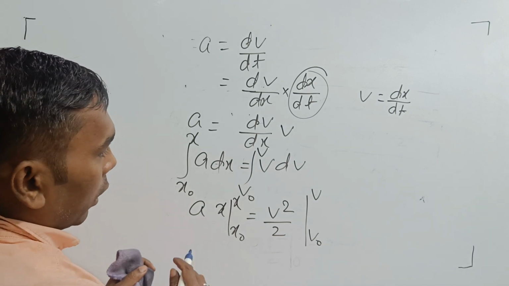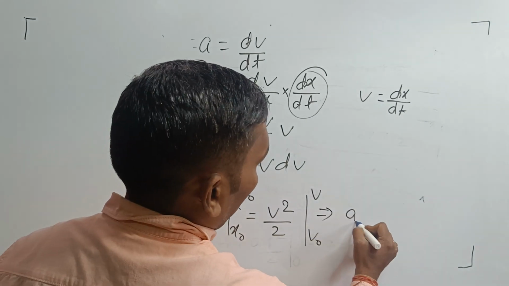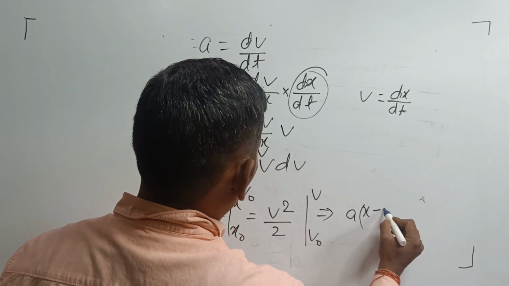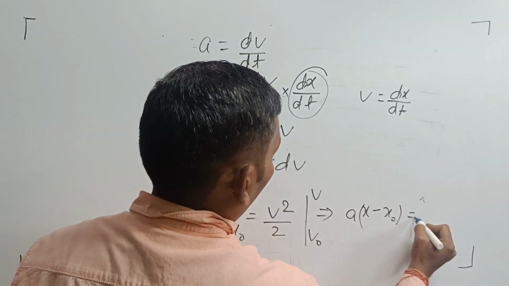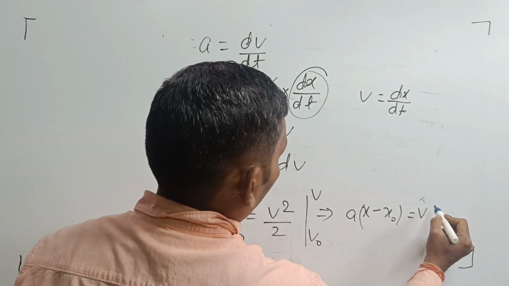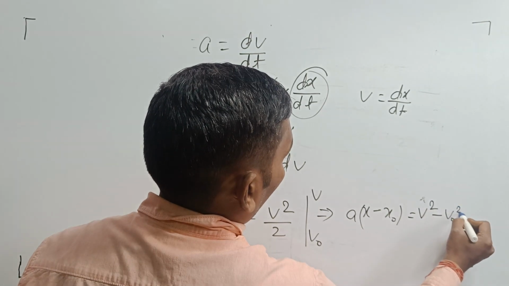After putting the limit here, you can see a times x minus x naught equal to v square minus v naught square upon 2.